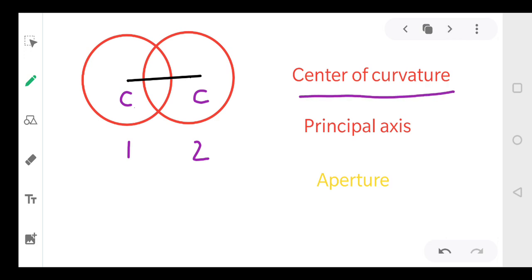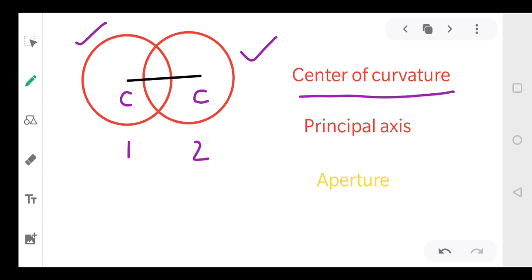Center of curvature. Now before we define the center of curvature, we must understand how a lens is formed. Okay, so let's take two spheres. Both these spheres are made up of glass.